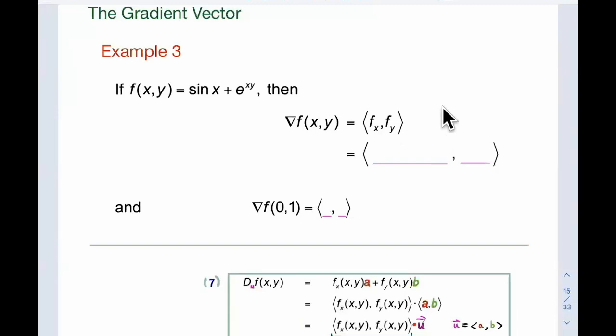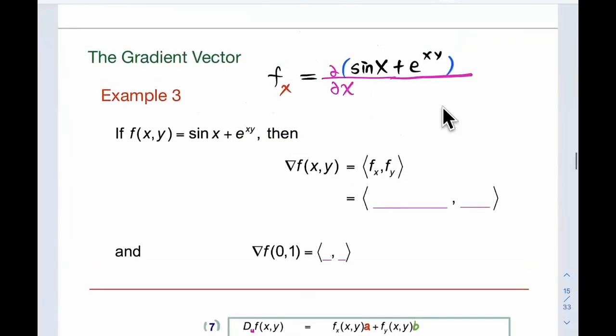Okay, let's do that on the side. Let's compute the partial derivative with respect to x. The function we have over here is sin x plus e to the xy. Remember, when you compute the partial derivative with respect to x, you think about the other variable as fixed.